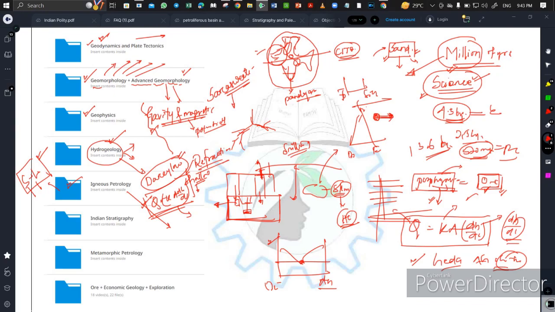For example, this is 200 degrees centigrade, the crystallizing temperature of solid A. It can crystallize from 200 to 100 degrees centigrade, but in between, at some 180 degrees centigrade, the crystallization of B comes into the picture.